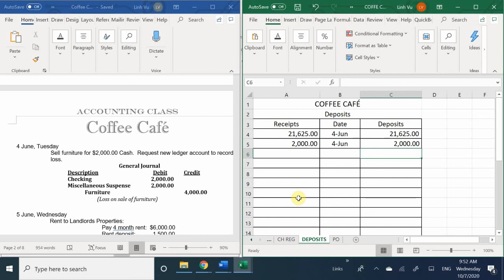Again, I don't have a cash account or cash on hand account, right? So the assumption is every time I receive some form of money, I'm going to deposit it at the end of the day, because I'm going to record it as if I did place the money into my checking account. So make sure that at the end of every day, we make our deposits.